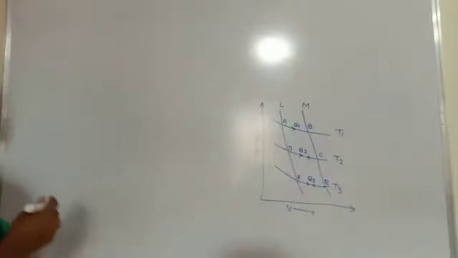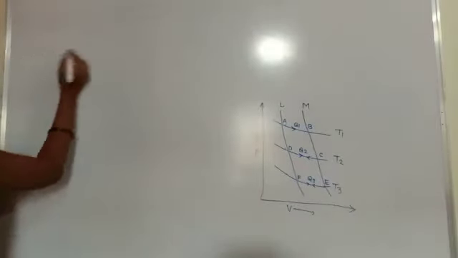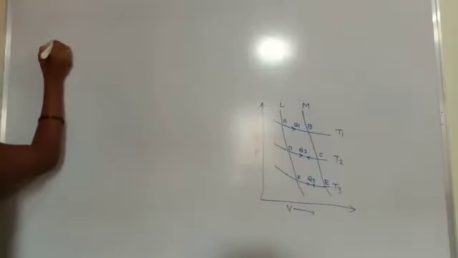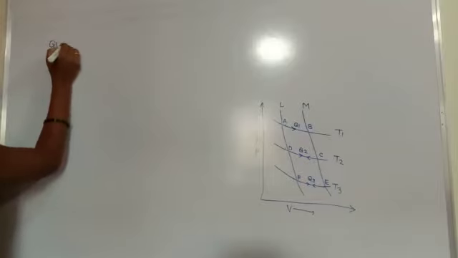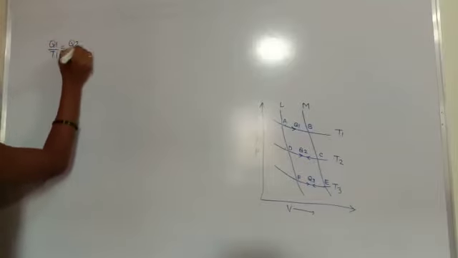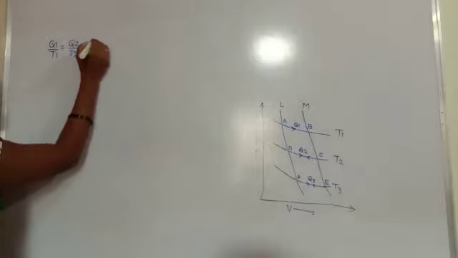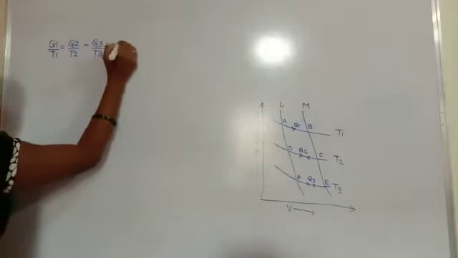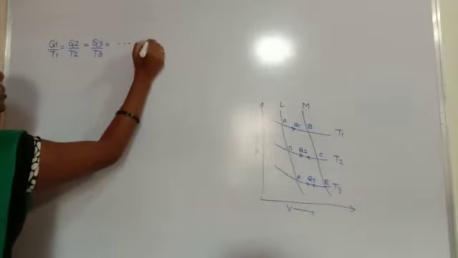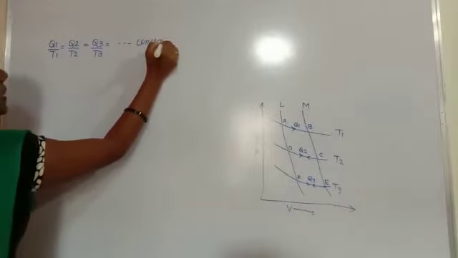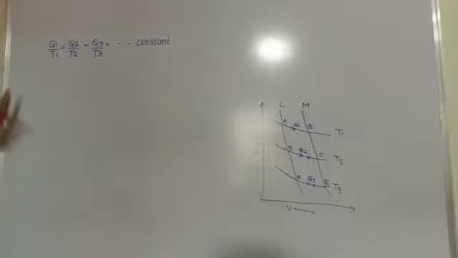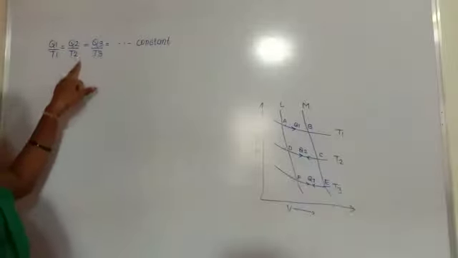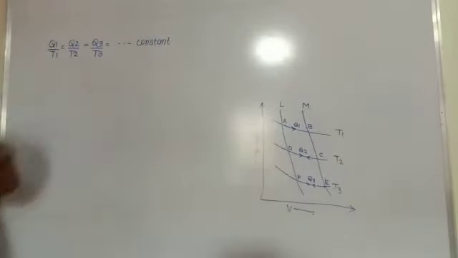And we also saw the equation Q1 by T1 is equal to Q2 by T2 is equal to Q3 by T3 is equal to a constant. Okay, so after that we will continue here. So we have this equation Q1 by T1 equals Q2 by T2 equals Q3 by T3 equals constant.